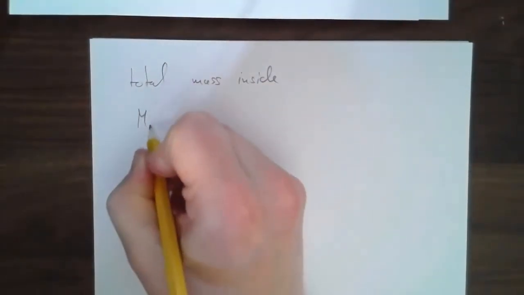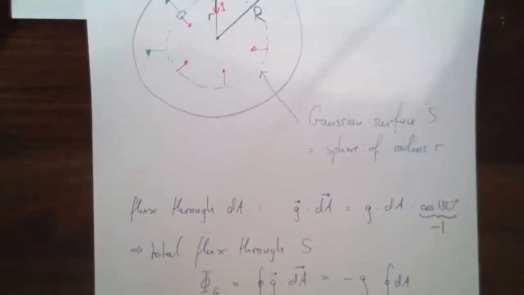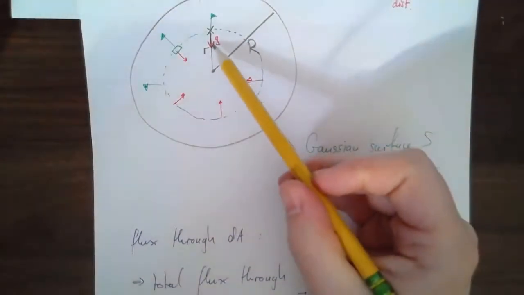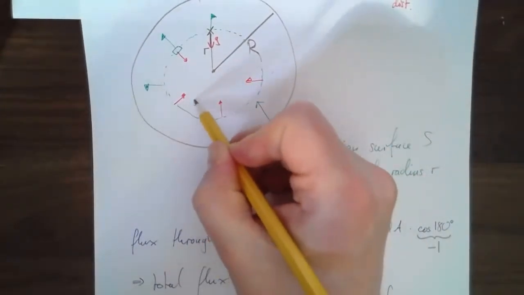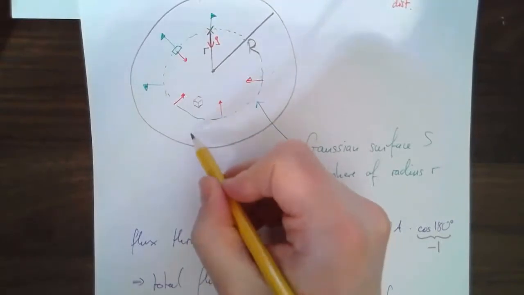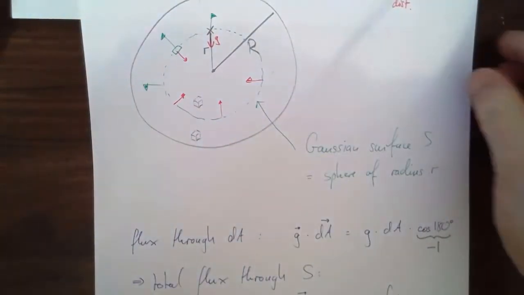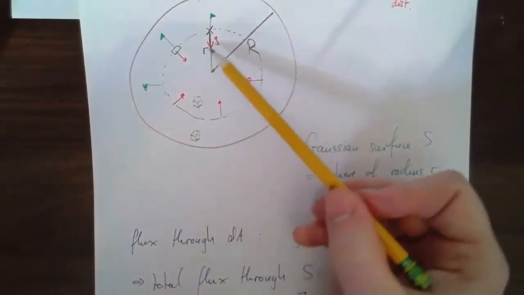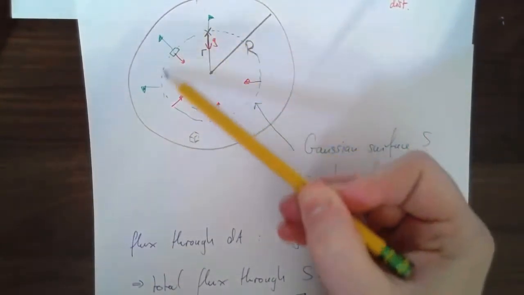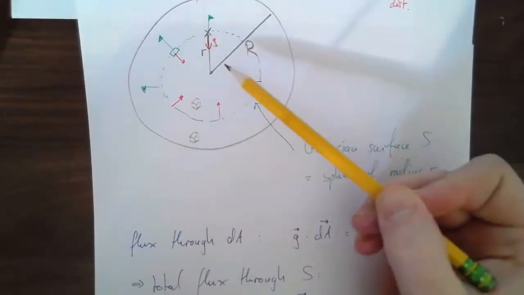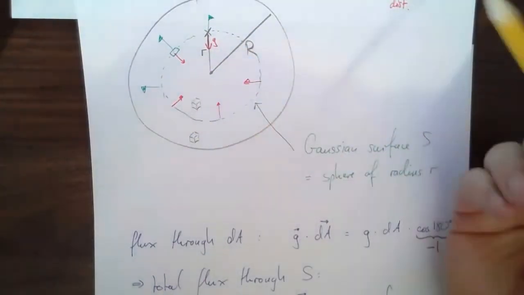Right, M inside. So if you're assuming that the Earth has a uniform mass density, so any cubic meter, pick a little cube in here, has the same mass as the same cube taken from here. I'm assuming those are the same mass. That means that the fraction of the Earth's mass that is inside here is just the fraction of the volume that is inside here. So if half the Earth's volume is inside this sphere, then half the Earth's mass is inside the sphere.